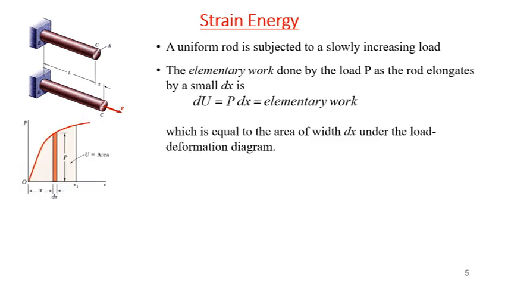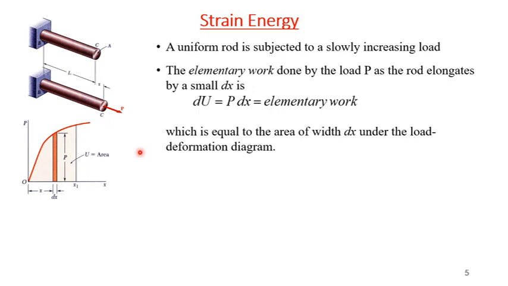So if I plot the load by deformation curve, or deflection curve, it will be a straight line until the proportional limit, then it will be a non-linear line because the strain will become non-linear.